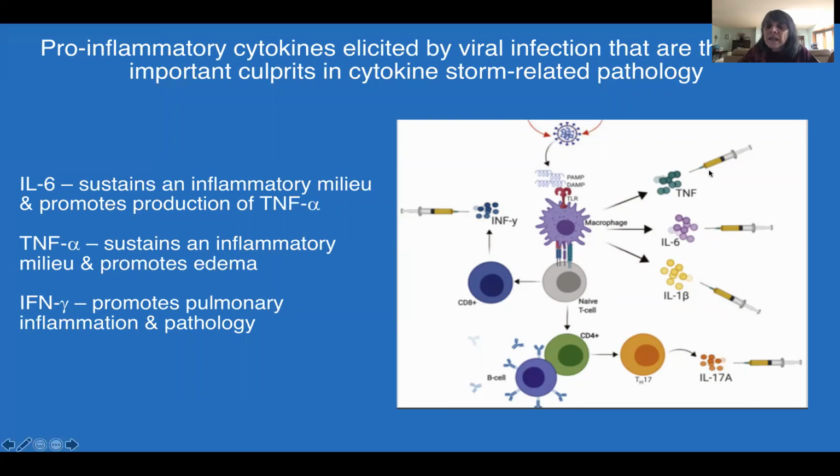And in fact, antibodies against TNF alpha have been on the market, I want to say about 15 years or so, to treat certain autoimmune conditions such as Crohn's disease and ankylosing spondylitis and rheumatoid arthritis. Did that help? Yeah, thank you.